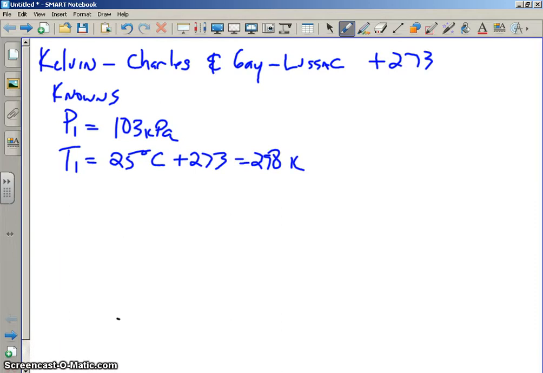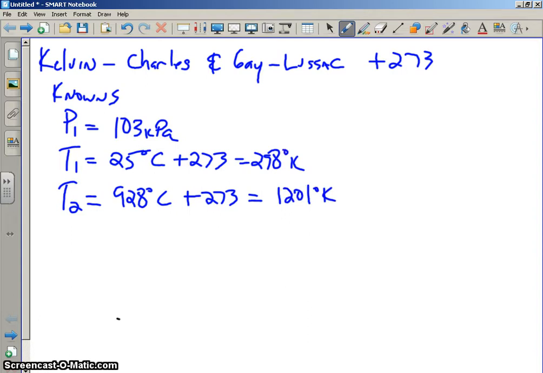And we know that our final temperature, or our T2, was 928 degrees Celsius. We have to add 273. And when we add 273, we get 1,201 degrees Kelvin. All right? And what is our unknown? What would be our pressure?